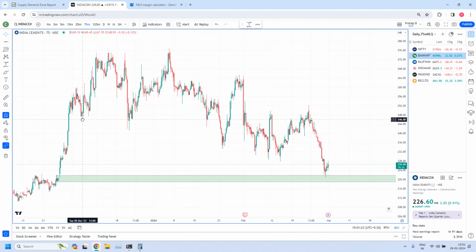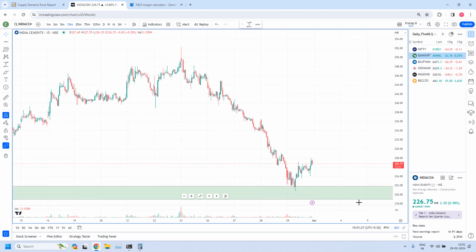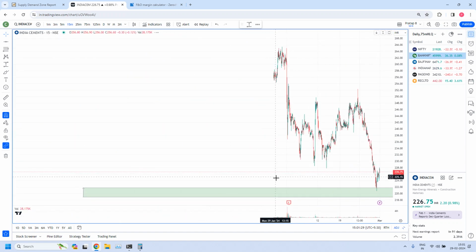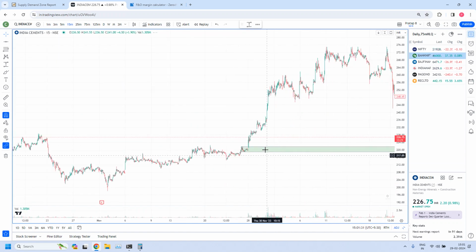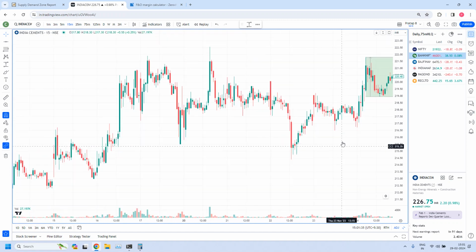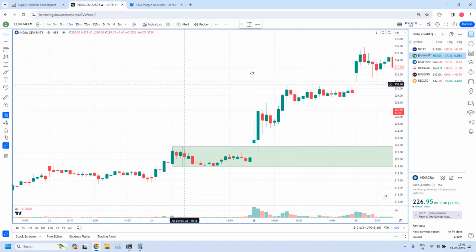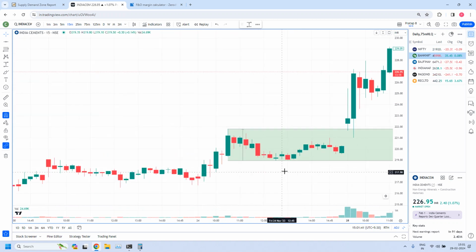So we have to go to the 15 minutes time frame. Let me change the time frame to 15. Sometimes prices may not reach our fine-tuned area. That is also possible. See here, pro gap is there in this stock.